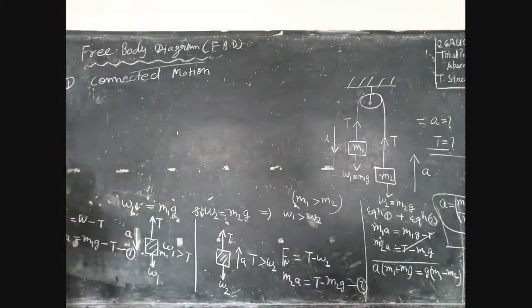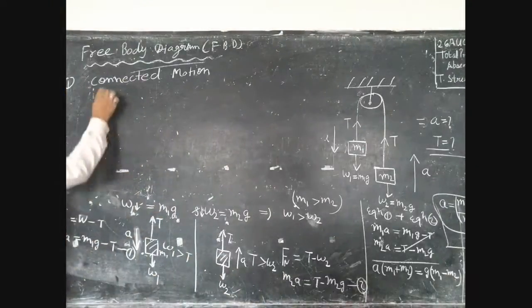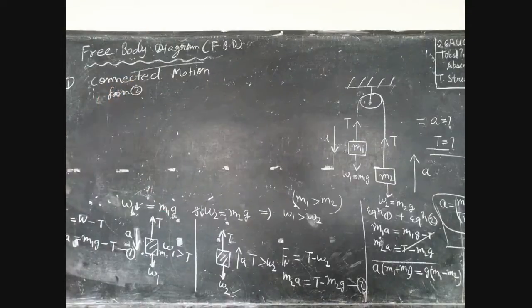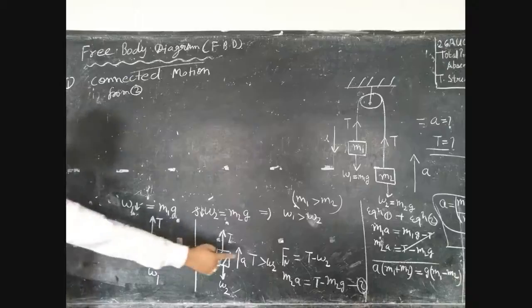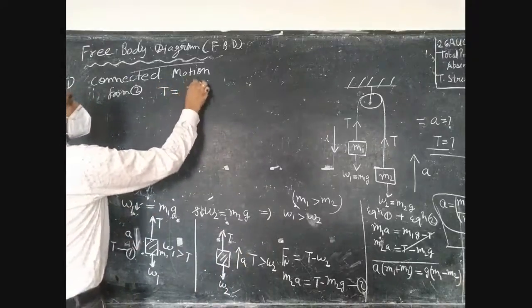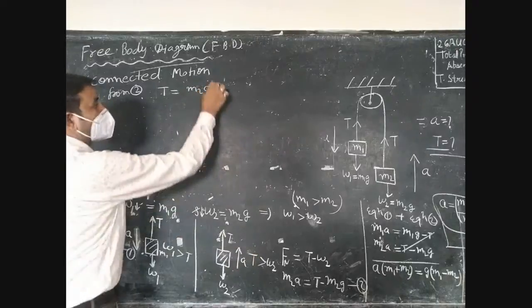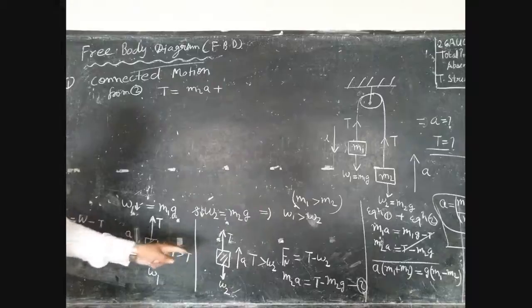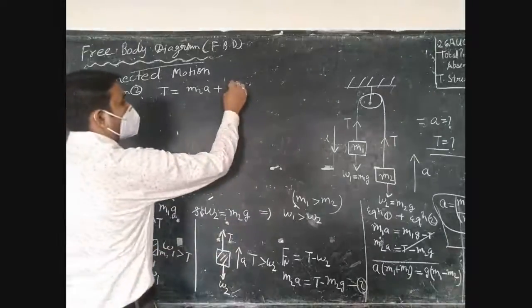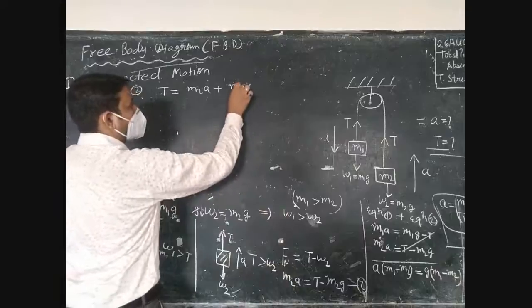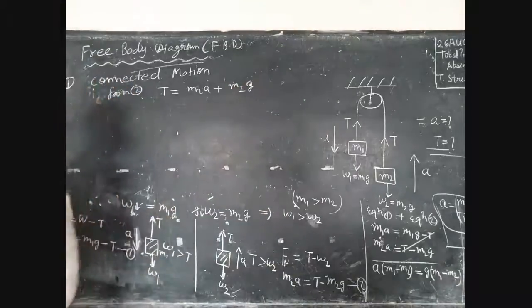You can do it in either, you will get the same result. Let's say from equation second. So what do we get from here? We get that T is equal to m2a plus m2g.